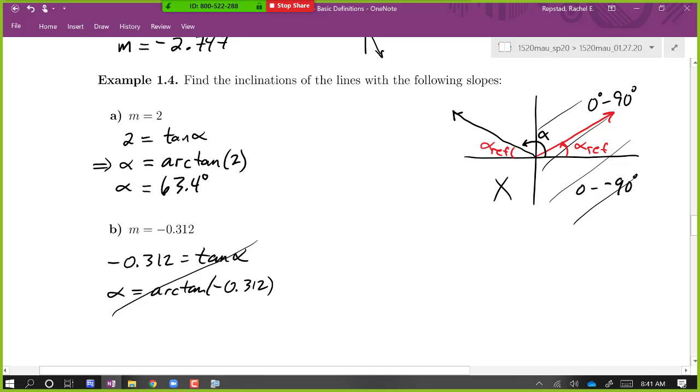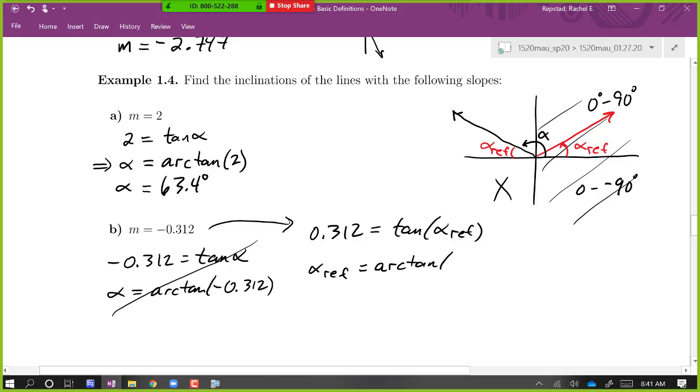The way I'm going to find it is by saying that red line over there in the first quadrant has a positive slope. So I'm going to say, okay, the positive slope, 0.312, is equal to tan of alpha ref, so that alpha ref is arctan of positive 0.312.